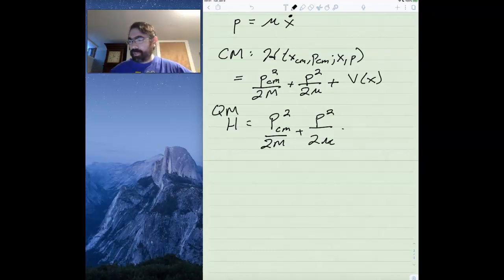Again, these are operators, plus an operator for the potential energy, where now I'm using a capital X instead of a little x to show the operators. And these operators follow the commutation relations.